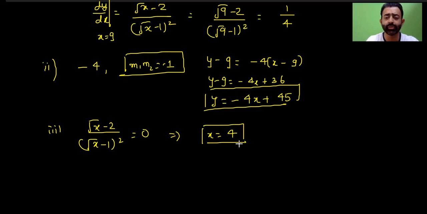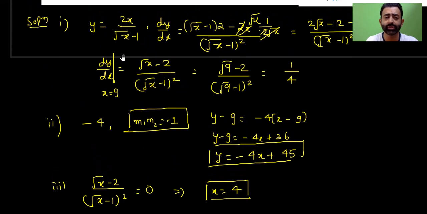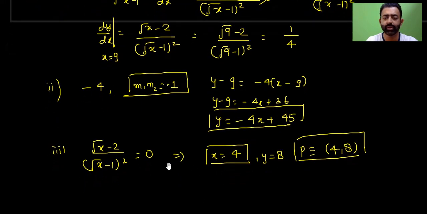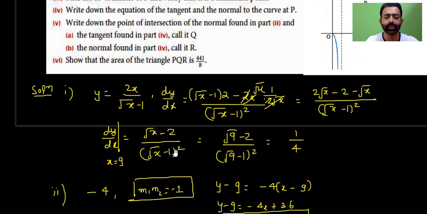So at x equal to 4, as our original function was 2x upon root x minus 1, if we put x equal to 4 here, you will get 8 into 2 minus 1 is 2. So it is just 8. Okay, so coordinates of P I am writing here are 4, 8. Let us put these in these boxes because we have to use these values in the next parts.